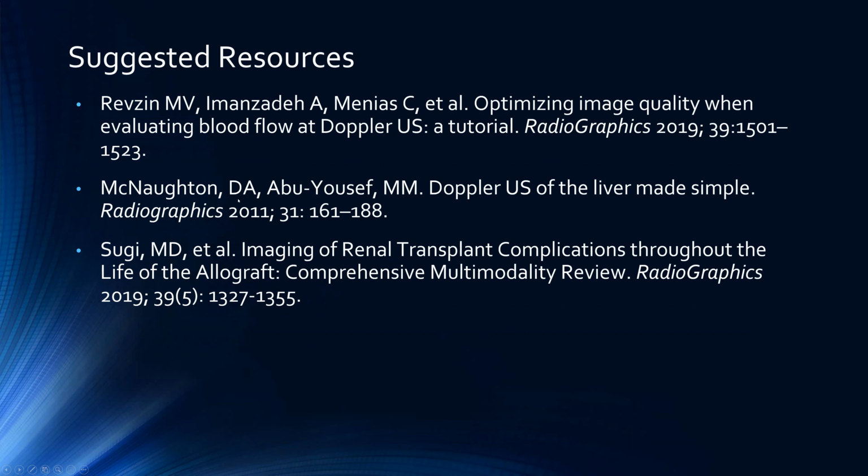So this Radiographics article from 2011 for Doppler ultrasound in the liver, and then one from more recently, 2019, about imaging of renal transplant complications. So those would be excellent references if you do ever want to have a little bit more of a read about those types of techniques. So I'll just pause here and go over things if there's any other questions.